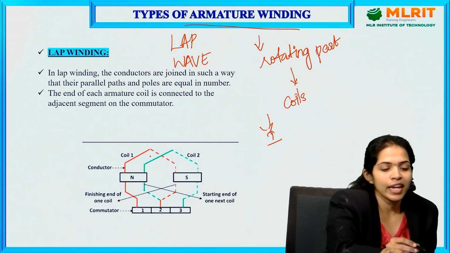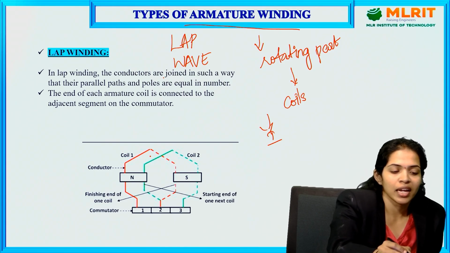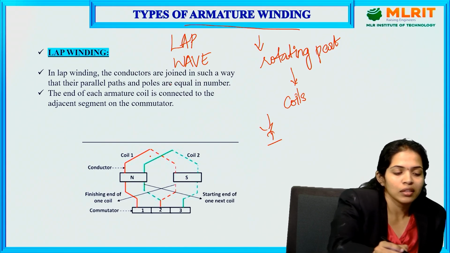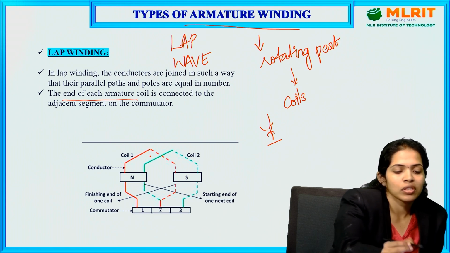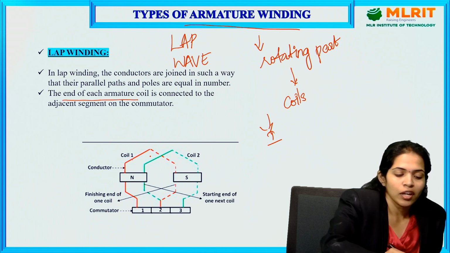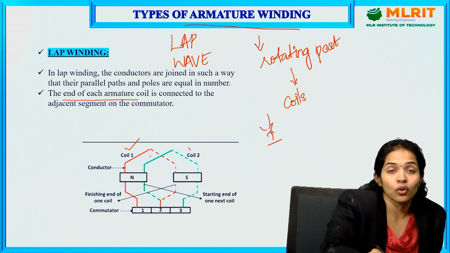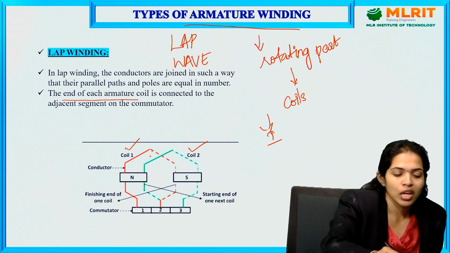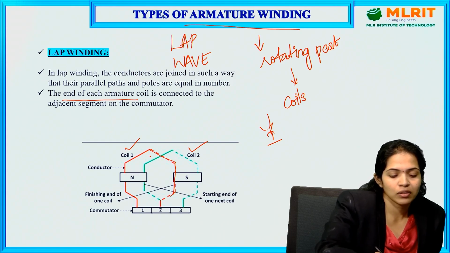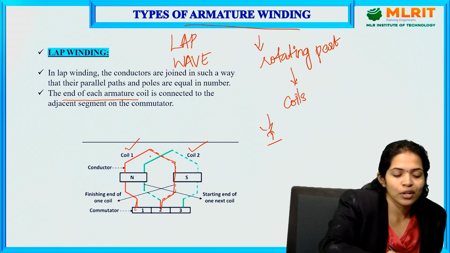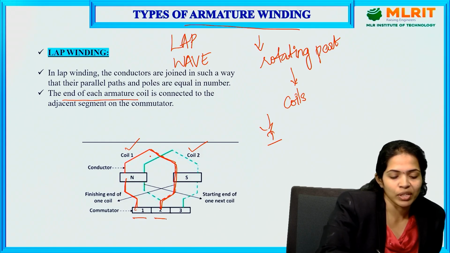So now in lap winding, your conductors are connected in such a way that, if you consider this as coil 1 and coil 2, which you can see in the picture, the starting end of coil 1 is connected to commutator segment 1 and the second end of the same coil ends in commutator segment 2.